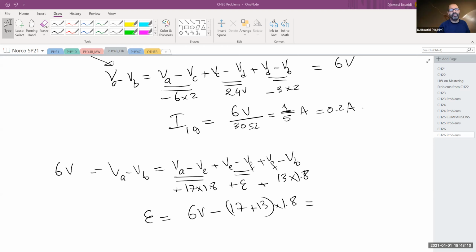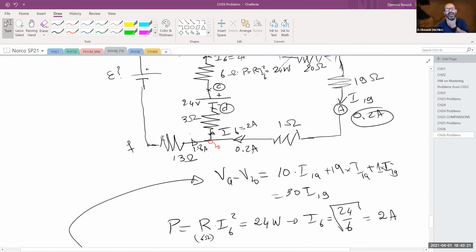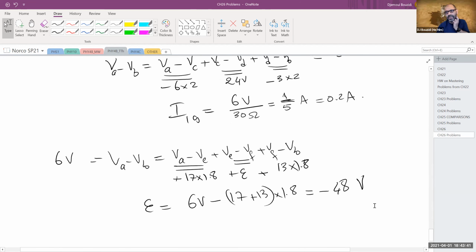Obviously, this number is negative. This was not a drop after all, okay? This was a rise by 48 volts. It was a negative drop, if you wish. So the polarity should have been like this, so that we drop by 48. Okay? Because we found a negative drop.